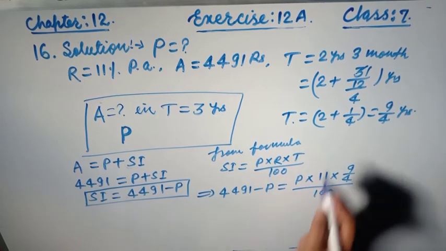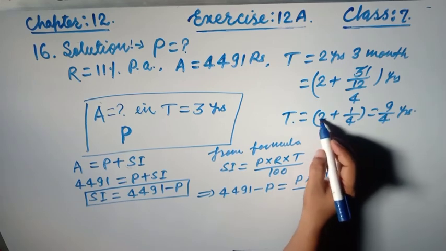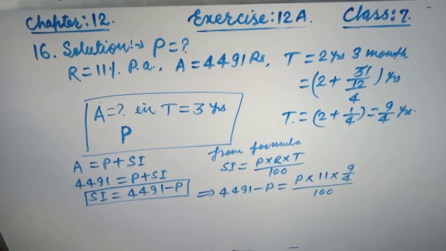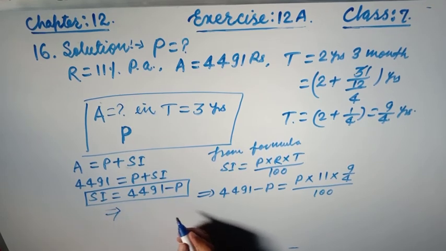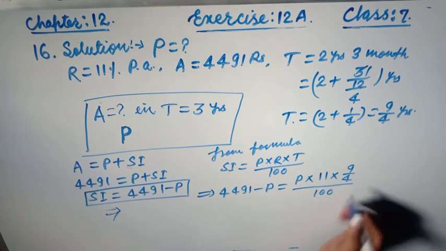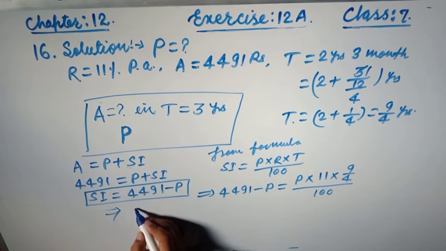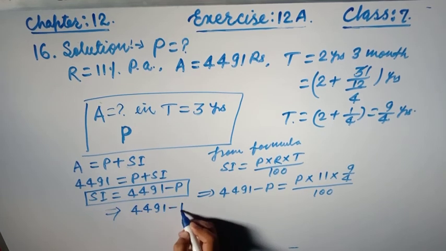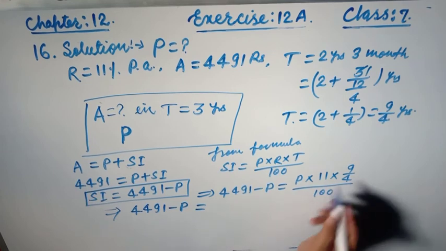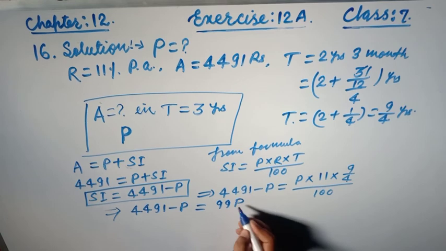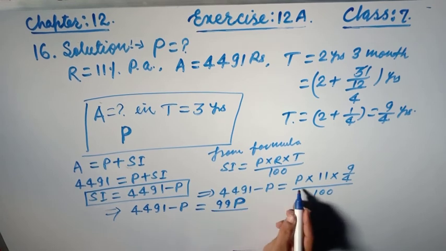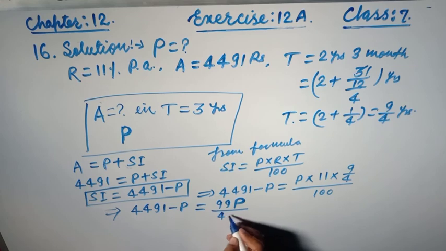Why 9 by 4, friends? Take the LCM of 4: 2 times 4 is 8, 8 plus 1, this is 9 by 4. Now here, friends, maybe a very large calculation. This becomes cross multiplication: the first side as it is, left hand side as it is, minus P, then 11 times 9 is 99. So 99 P, divided by 4 into 100, multiplied by 4 into 100.